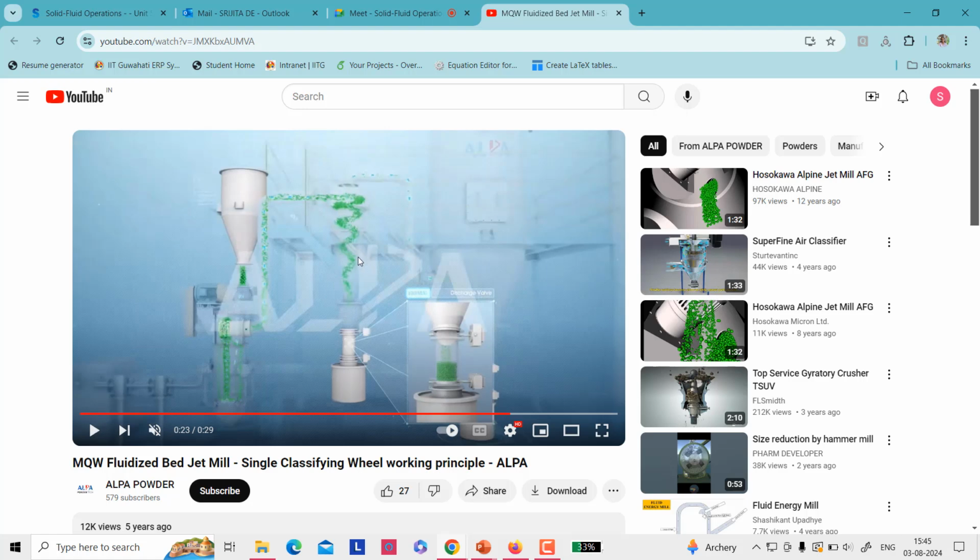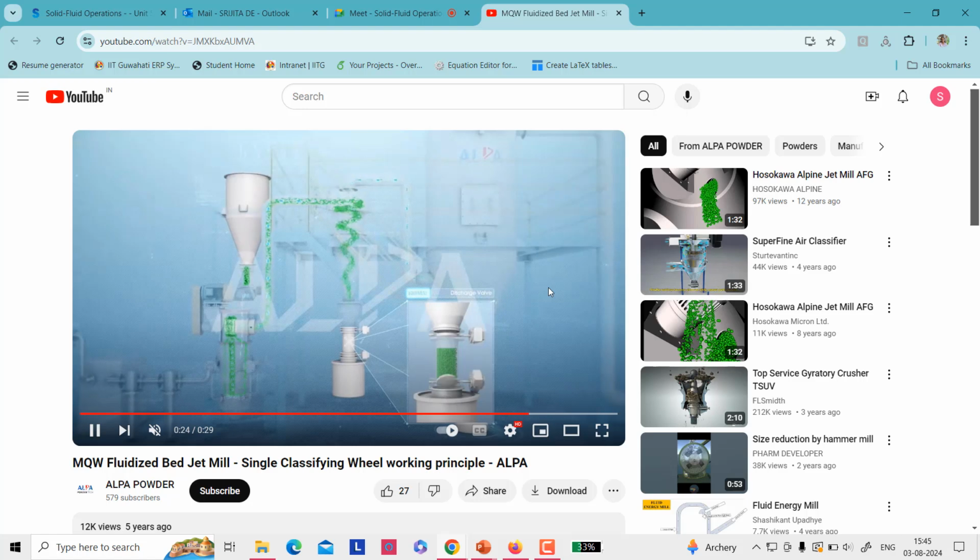The heavy particles are falling down. You can see the discharge valve is there. The heavy particles fall down, and the rest of the smaller particles or fluid will go through the other chamber, and that is how they are separated.